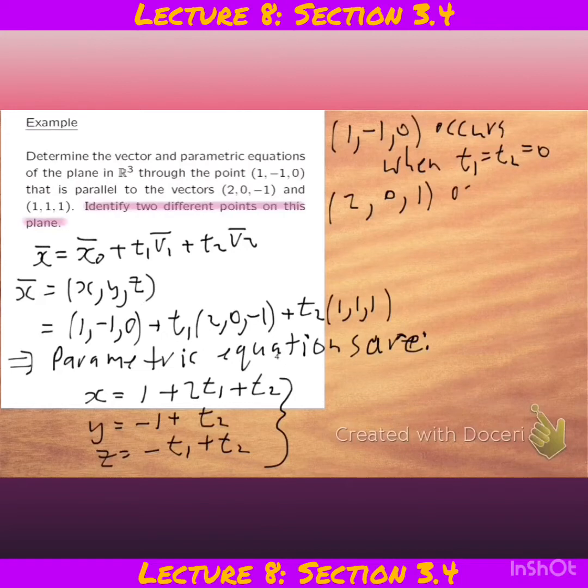That occurs when T1 is 0 and T2 is equal to 1. So these are two arbitrary points on the plane.